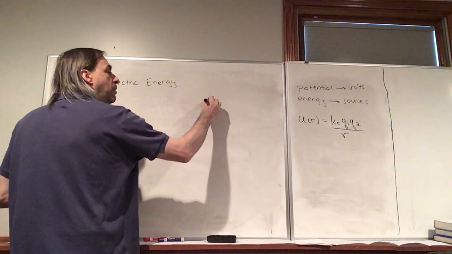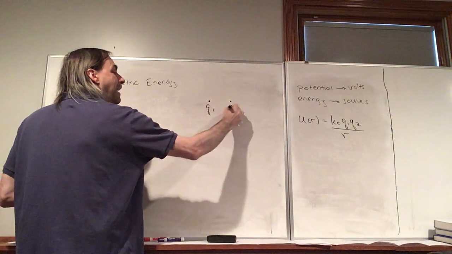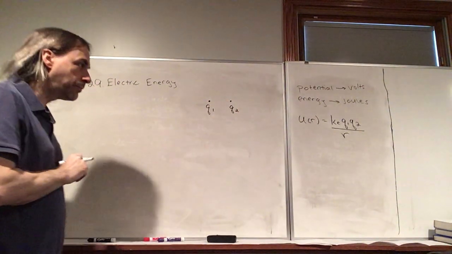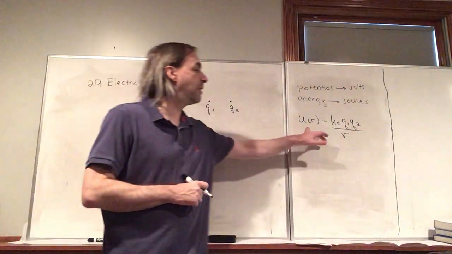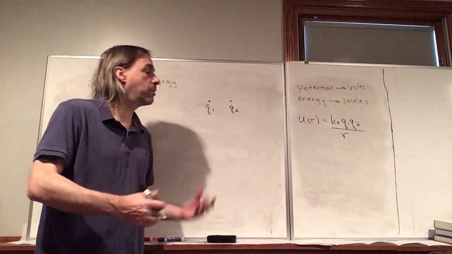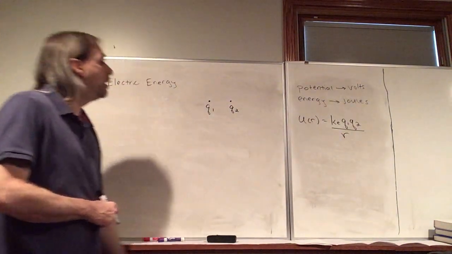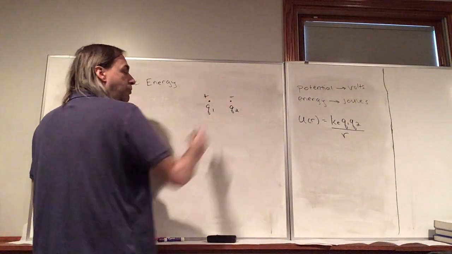So if you have Q1 and Q2, and we treat that as our system, then we can say that there's a certain potential energy between them without specifying where that energy is. Let's say these are opposite charges.